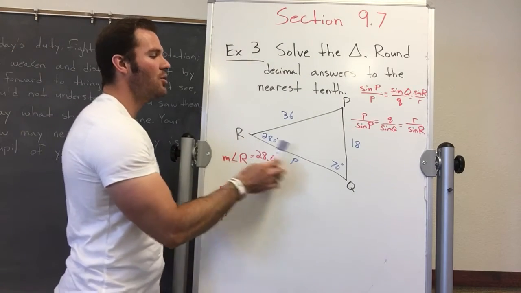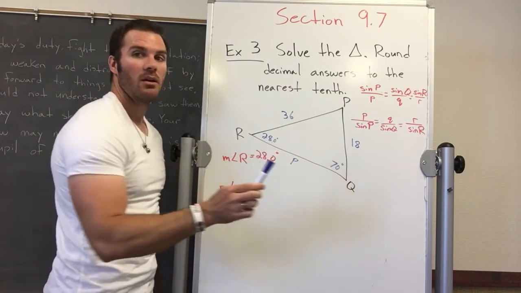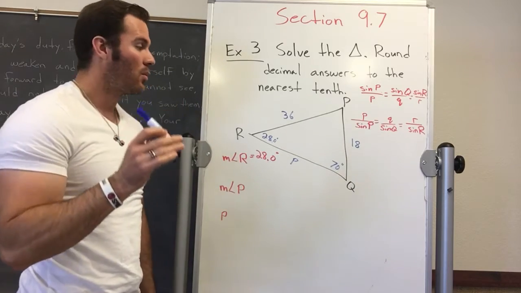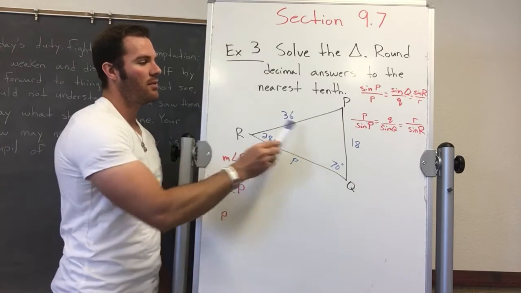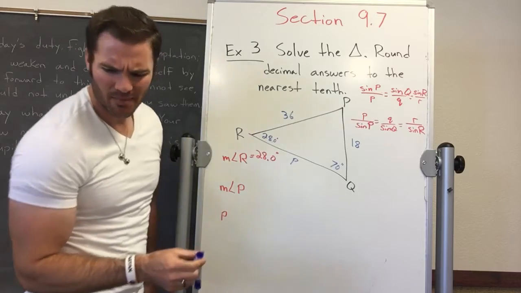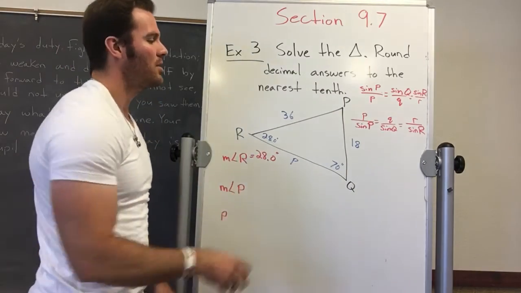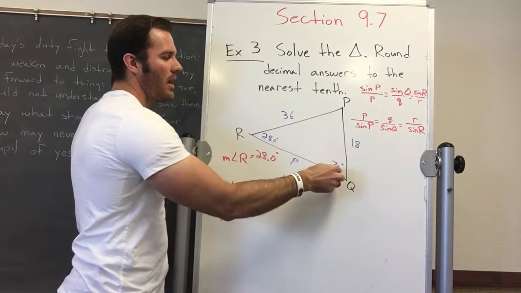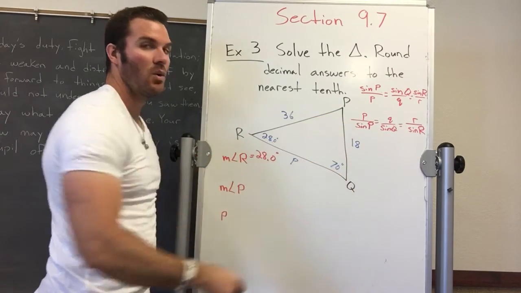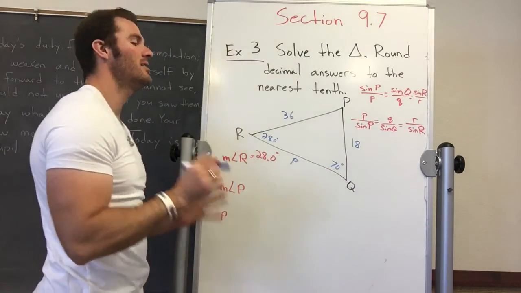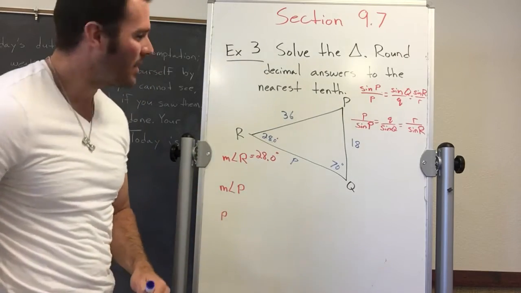We have two angles now. And we'll use the triangle sum theorem, which is all three angles added up together equal 180 degrees. You must remember that always.